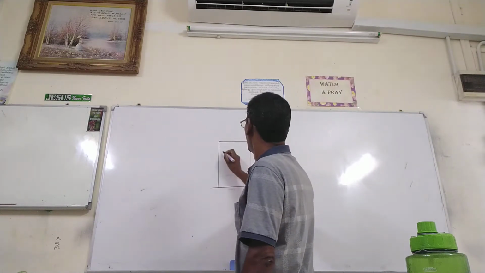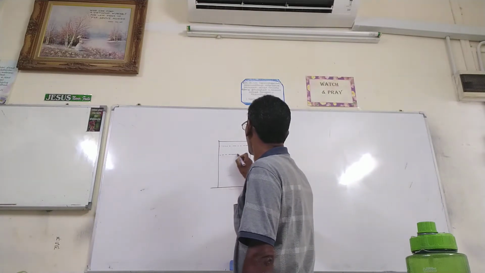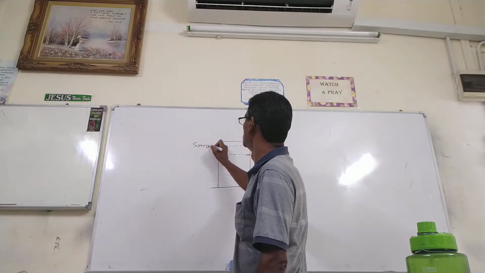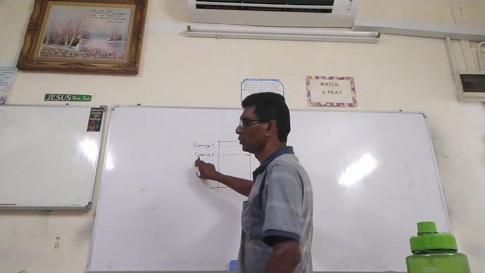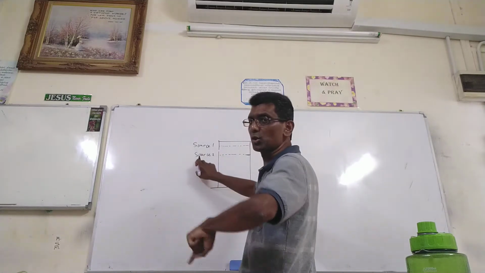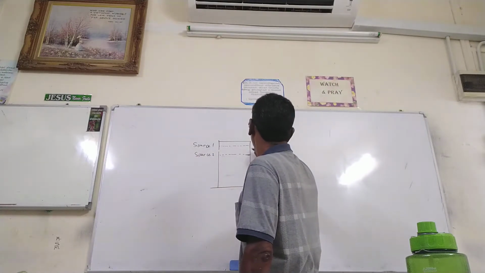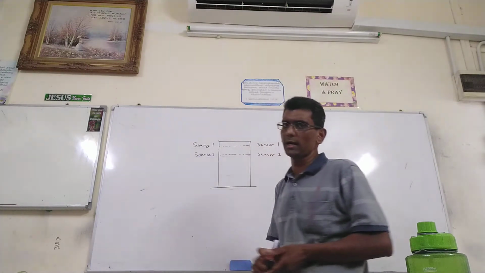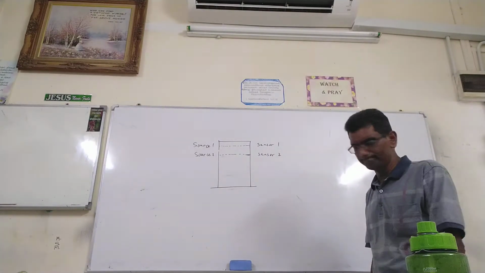This is the tin here, and this is source 1, and this is source 2. Source 1 and source 2 are gamma emitting sources. And this is sensor 1 and sensor 2.